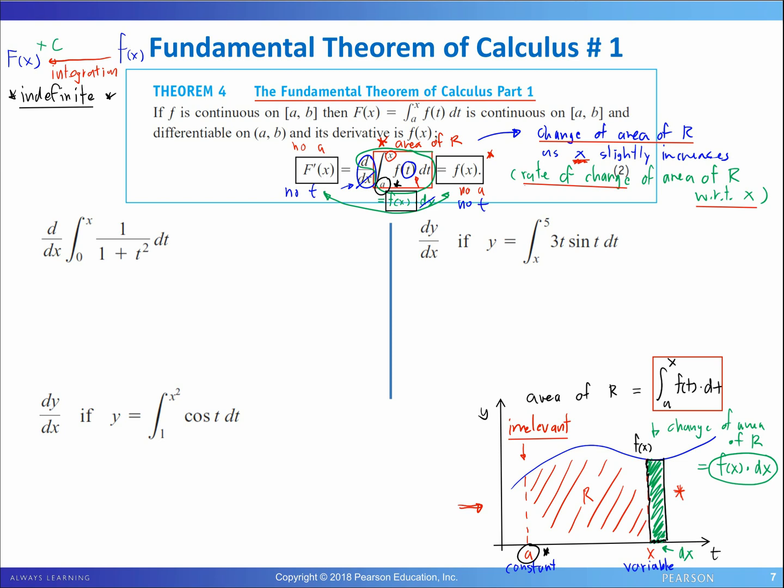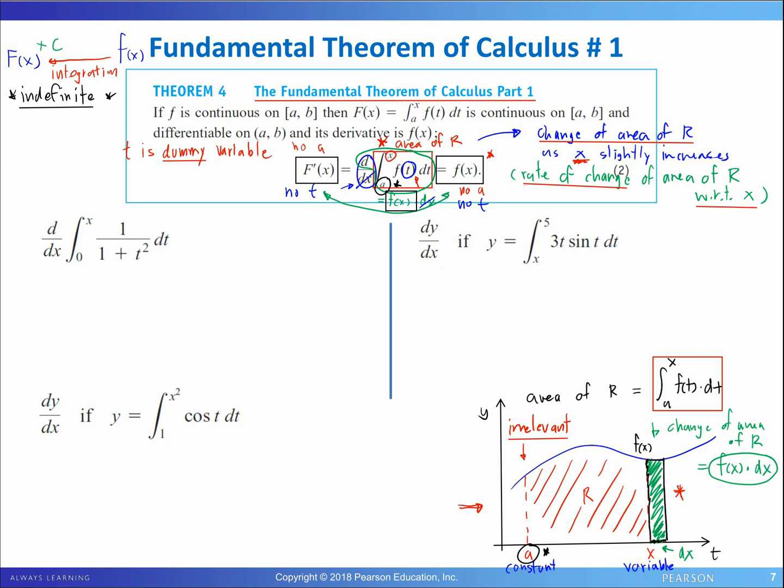When you have something like this, we call the first variable that gets replaced a dummy variable. So in this case, t is a dummy variable. It means that t is going to get replaced by x and disappear anyway. So we call it dummy.